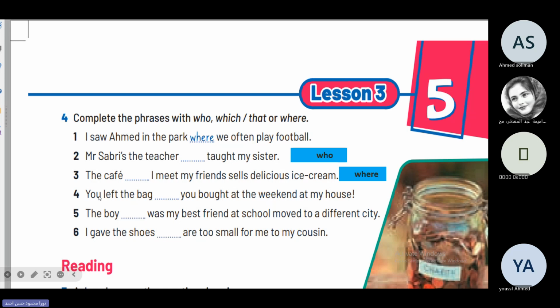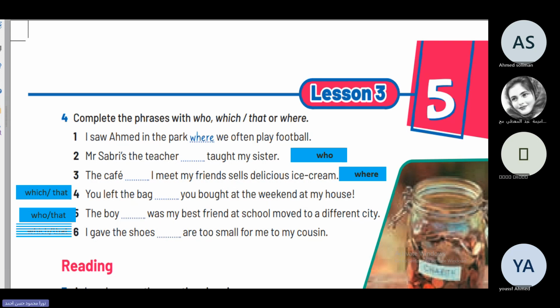Number 4, you left the bag. What about the word bag here? Yes, it's a thing. So we say you left the bag, which or that you bought at the weekend at my house. The boy, okay, it's a person again. So I say the boy who was my best friend at school moved to a different city.